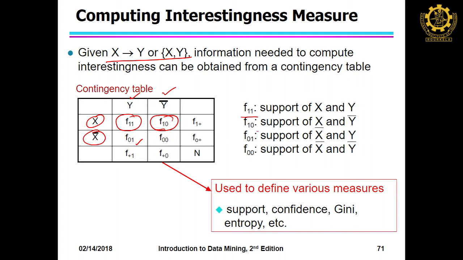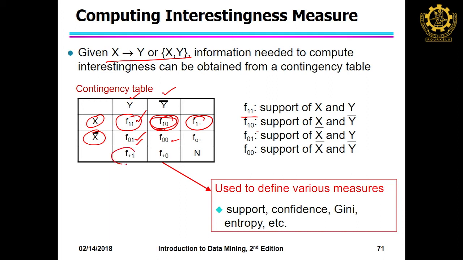So, this side is only x, this side is x and y together, this side is only y but not x, and this side is where x and y are both not there. This indicates the total number of x in the data set.